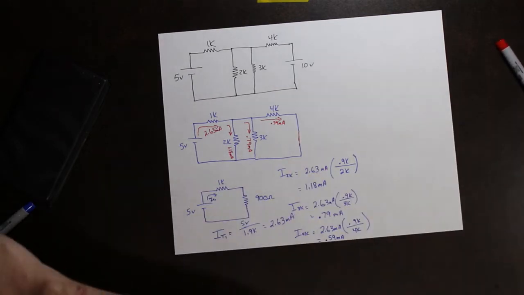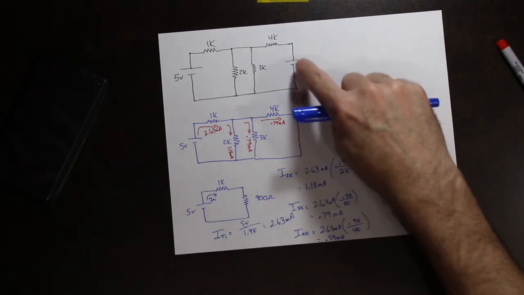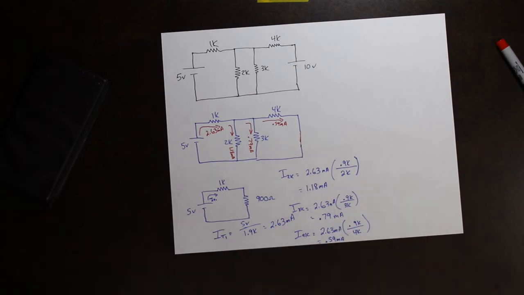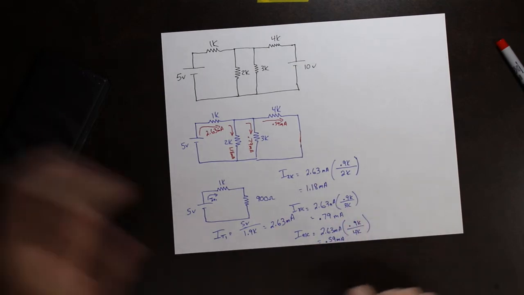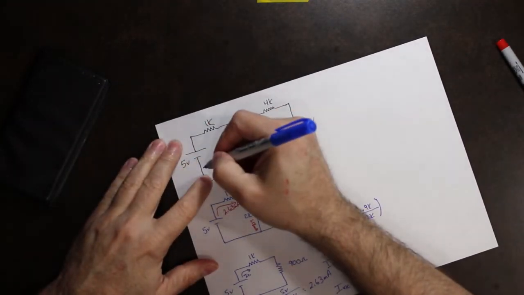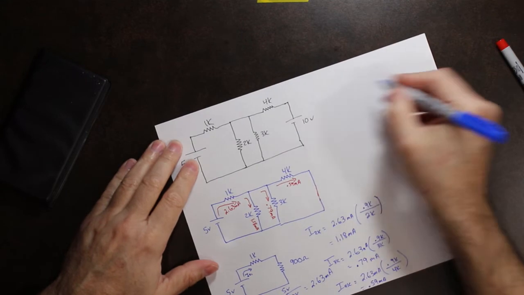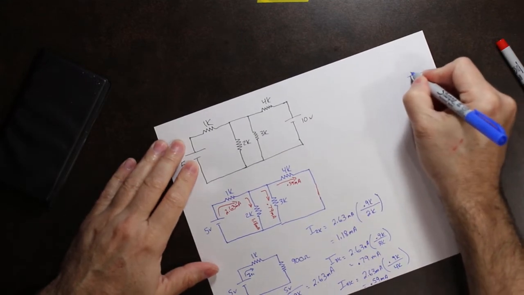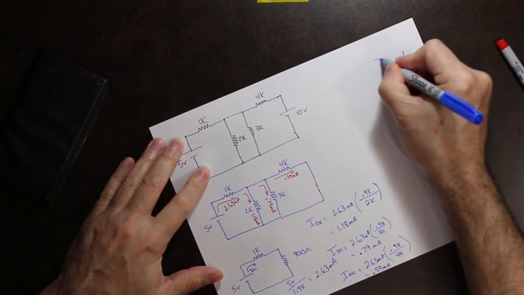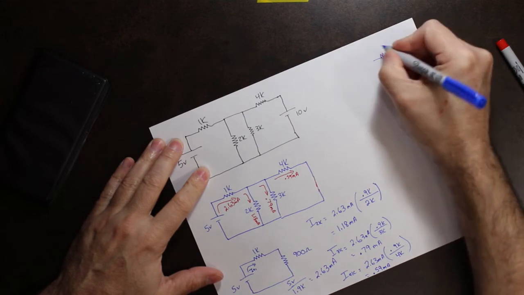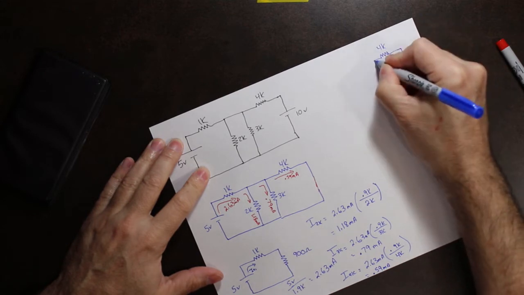Now we're going to create the next circuit for the 10-volt supply and do the same thing. For the 10-volt supply, again, we're going to short out the 5-volt and just go with the 10-volt. So the 10-volt supply looks like this. This is the 4K.